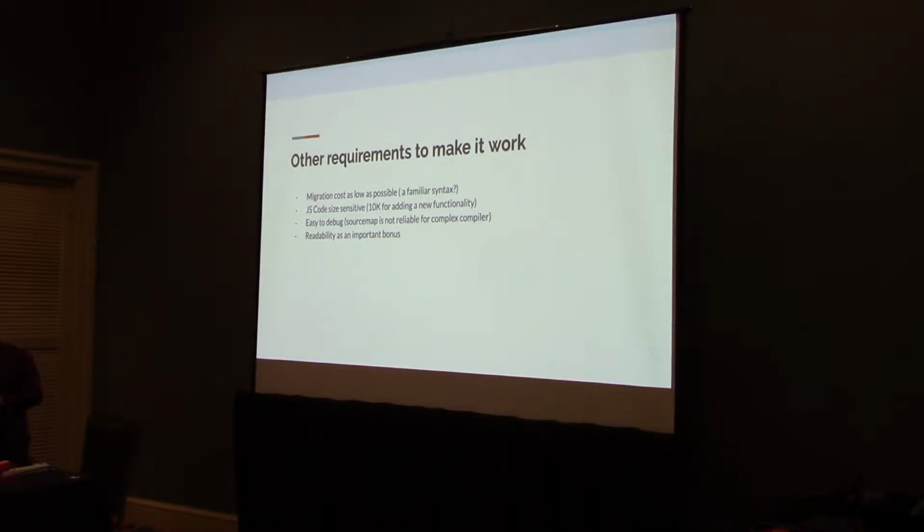One is it's not everywhere, because in my last employer, source map is not always available. Sometimes in our customized development environment, the source map is not working, so you cannot debug. Even when it's available, it's still not very reliable because we do some very complex transformations.